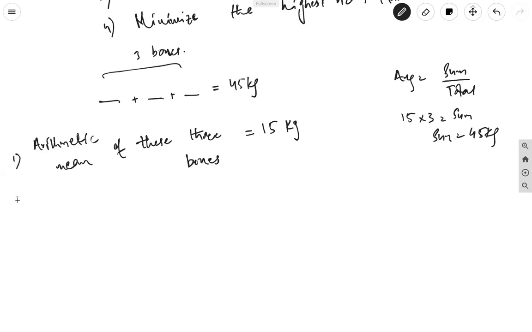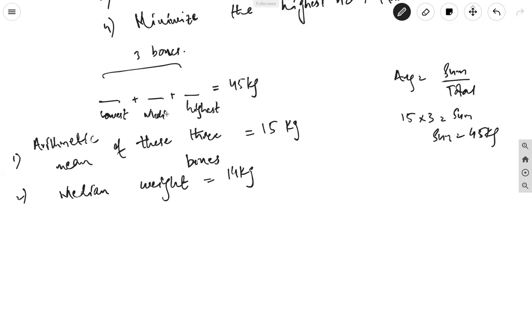Now the next thing given is that the median weight is 14 kgs. Because this is already arranged in order, this is the lowest one, this is the highest one, so the middle one is the median.